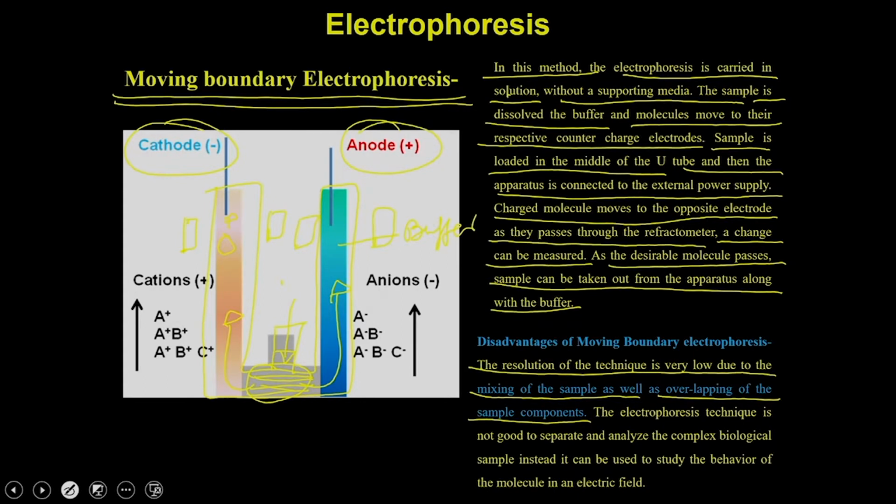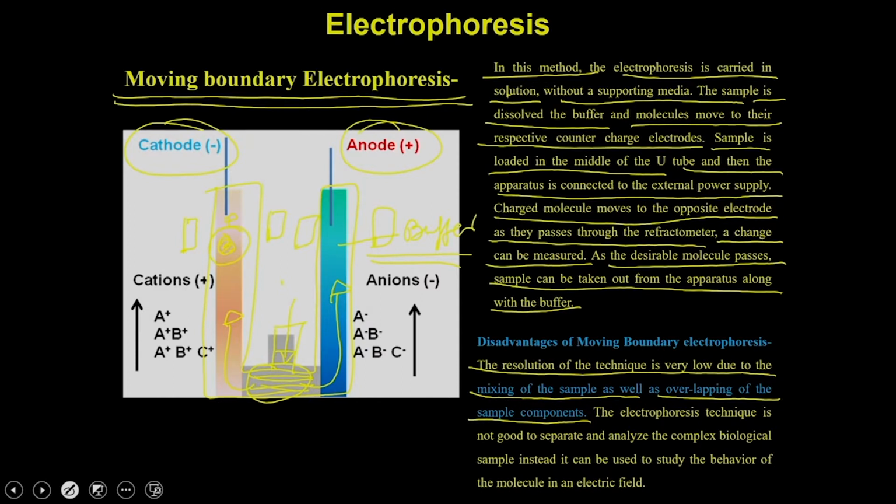So, as soon as you turn on the electric field, the ions move towards the counter electrodes, but as soon as you turn off the power, they all start mixing together. And because it is happening in free media, there will be mixing of the samples, there will be no separation, and there will be no way to know which molecule is moving or passing through the refractometer.